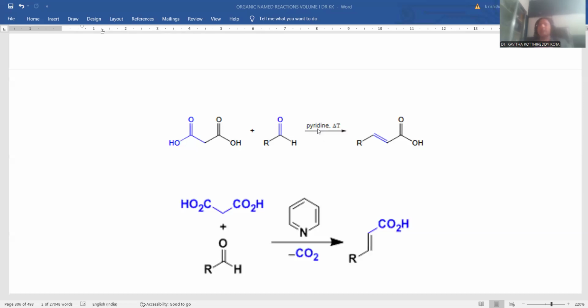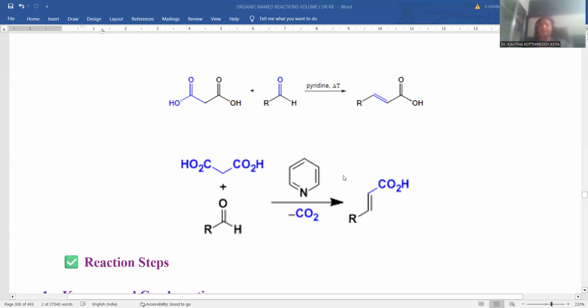The reaction is facilitated by base, that's the reason why I am adding pyridine as a catalyst. Slight heating is required, that's the reason why the reaction proceeds, and moreover here is the formation of alpha beta unsaturated carboxylic acid as the final product.